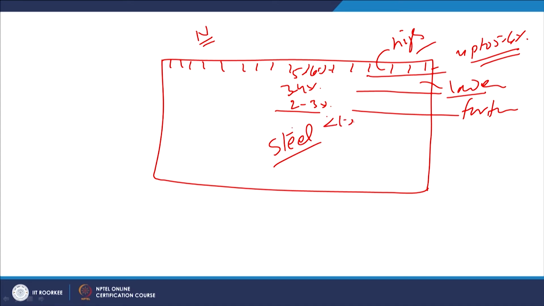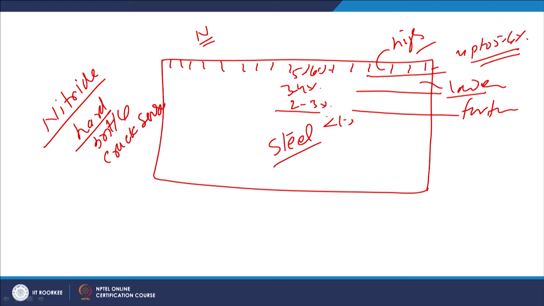Accordingly, different types of nitrides are formed at the surface, and these nitrides are extremely hard, very brittle, and crack sensitive.